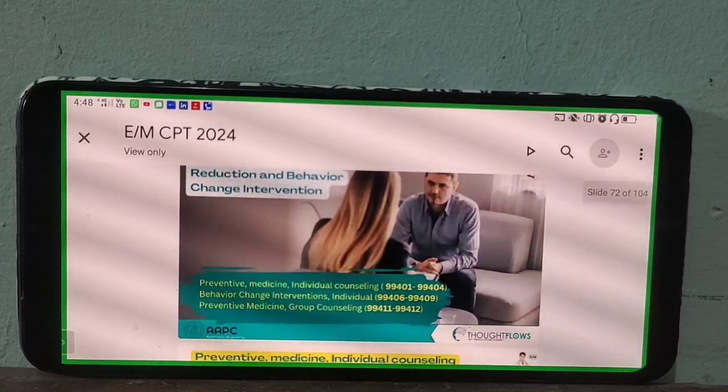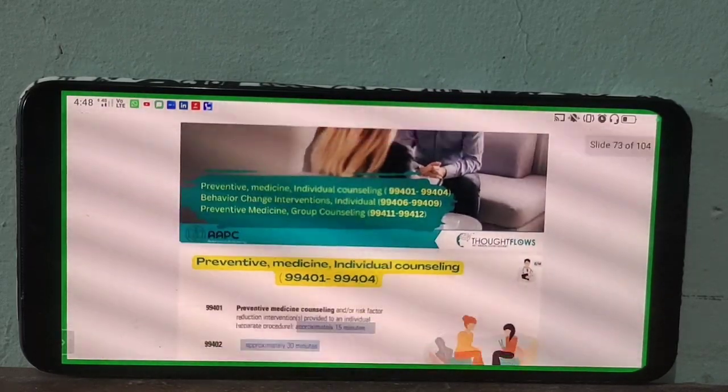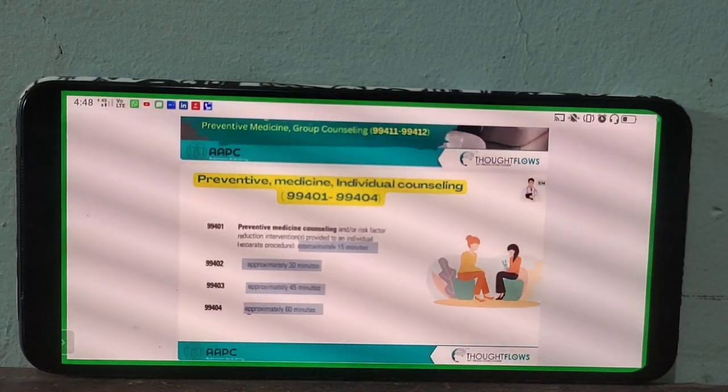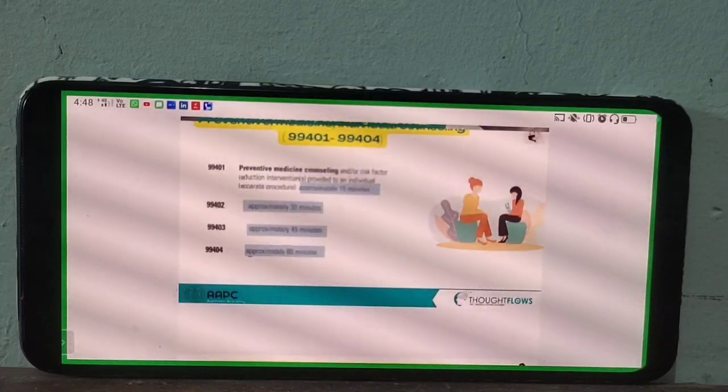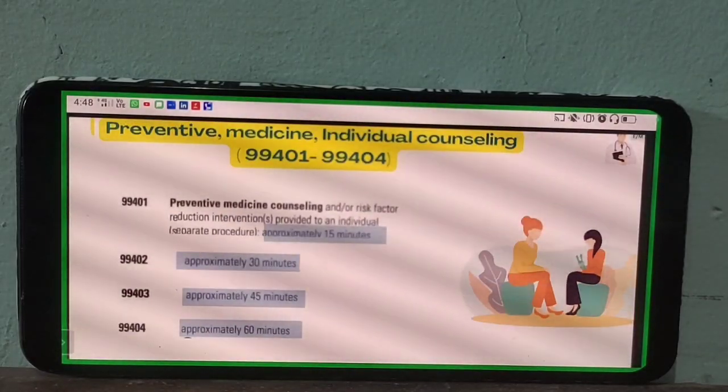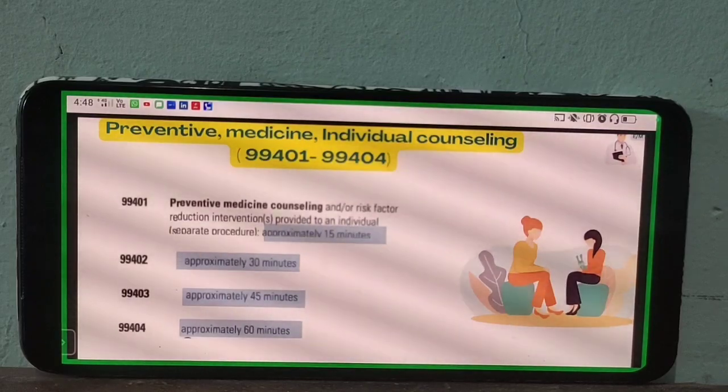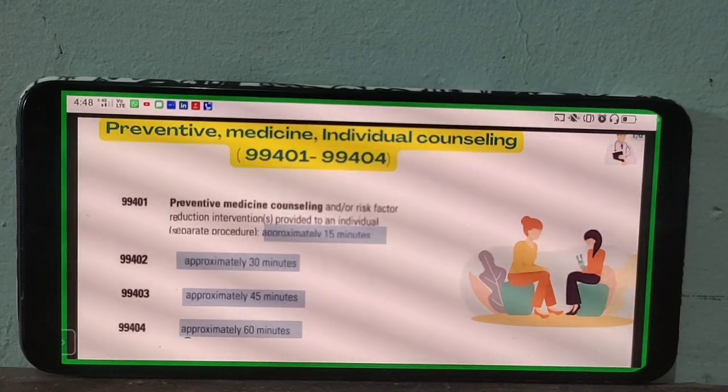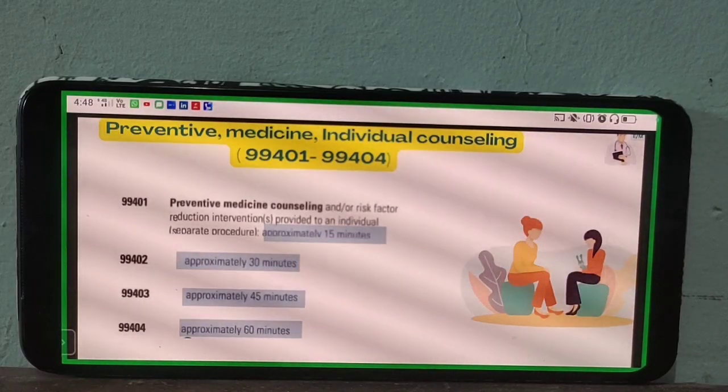Here, this is a counseling code for preventive medicine. In that counseling, they are discussing the risk factors and how to reduce them through interventions.